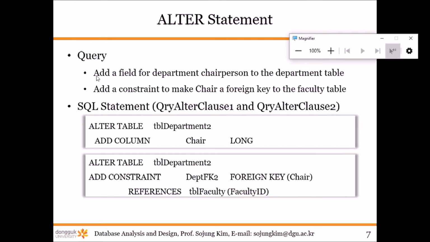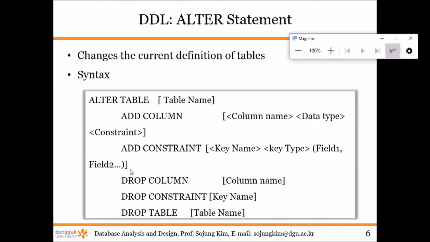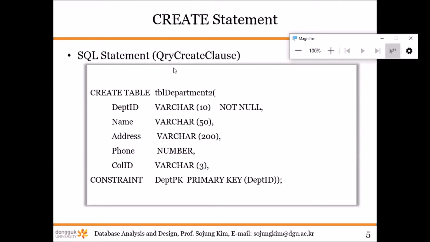Let's do this query. Add a field for the department chairperson to the department table. So department 2. And then add a constraint to make chair a foreign key to the faculty table. So we will run these two queries in this case. And previously, let's save the first query as QRY create clause. So how can you save it?